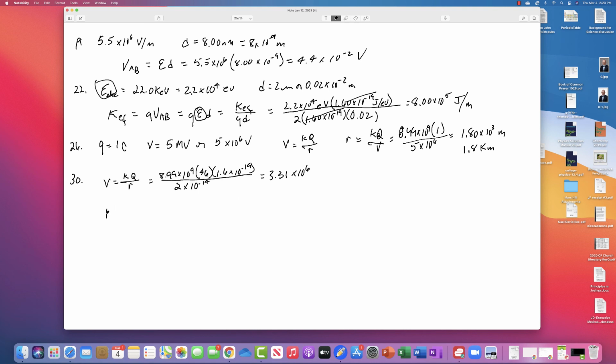The potential energy, the second half of this problem, says what is the potential energy in MeV of a similarly charged fragment at this distance? The potential energy, as we said before, is QV.